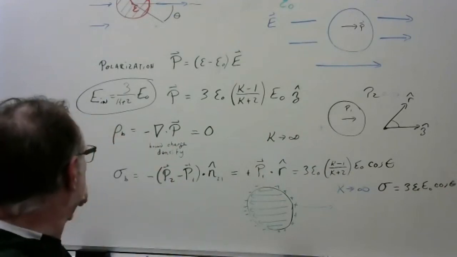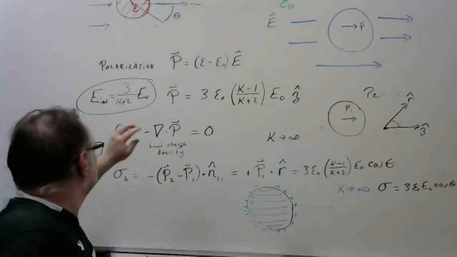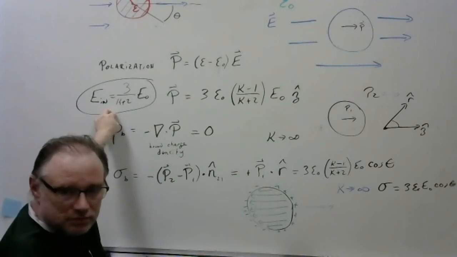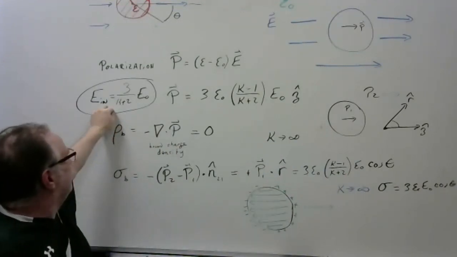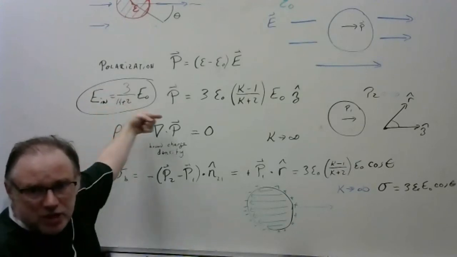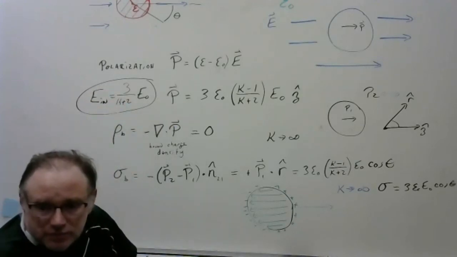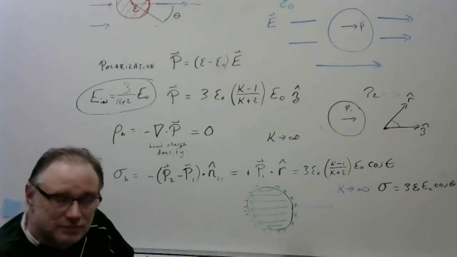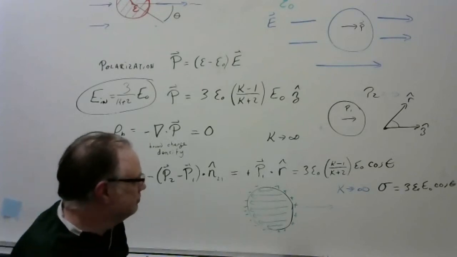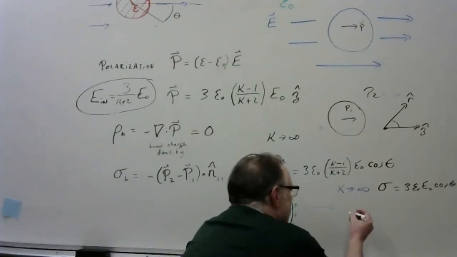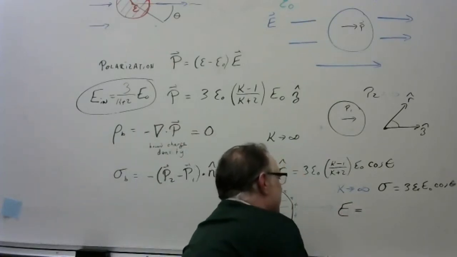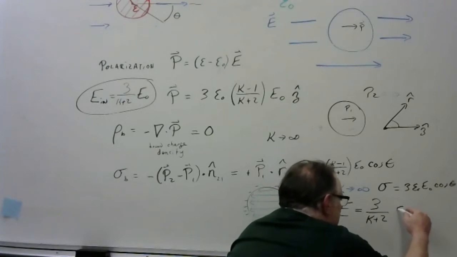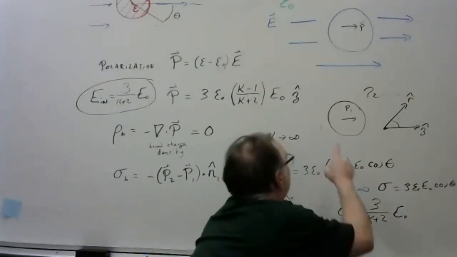What happens to the electric field inside if kappa goes to infinity? The electric field equals 3 divided by kappa plus 2, times E naught, the electric field inside of the dielectric.